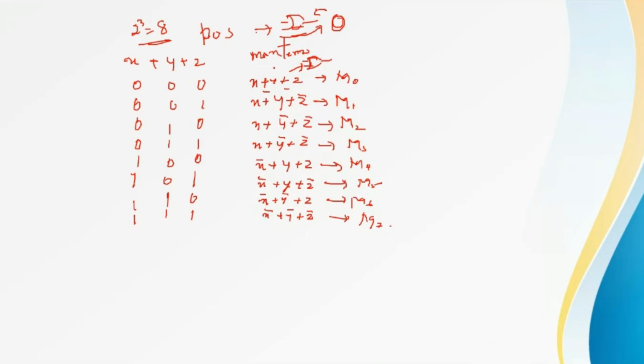For SOP, it is associated with 1 and that represents the AND gate. Is it clear?